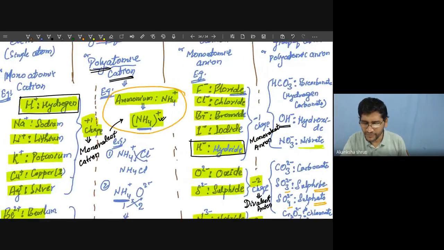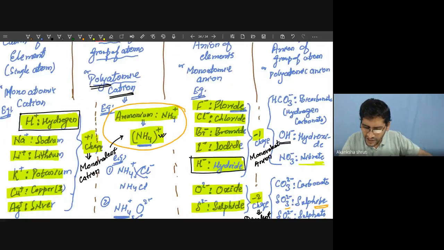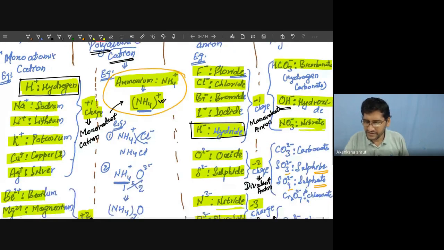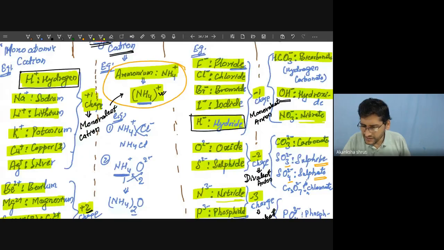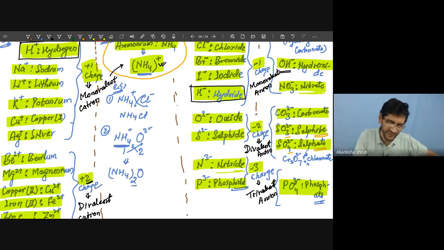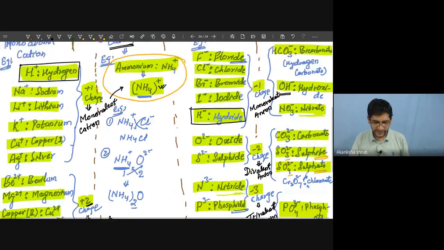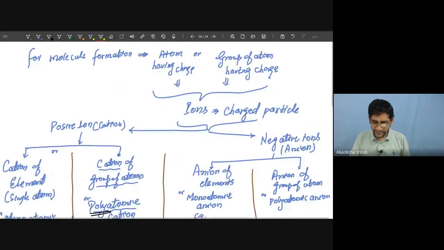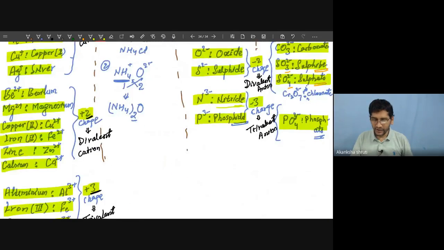Coming to the polyatomic with -1 unit charge, it could be bicarbonate, hydroxide, nitrate, carbonate, sulfate, oxalate and dichromate. These things are not important right now, but in class 10th we will use it. So at least this much we need to keep in mind in this table. This table is very important in forming the molecule.